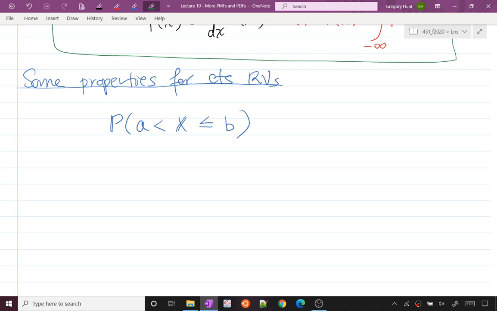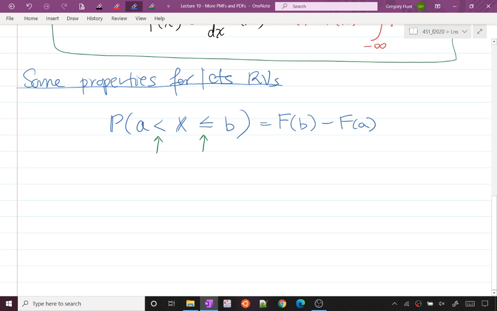And those greater than and less than or equal to have to be what they are. You can't have a less than or equal to x or something like that. In this case, we had made this argument, and if you go back and look at the argument for why it is true, this is equal to F of b minus F of a. So that relates the probability that x is in some interval to the CDF.